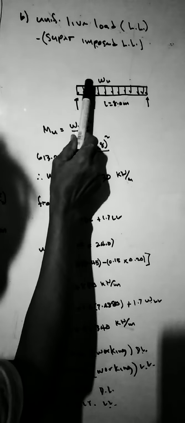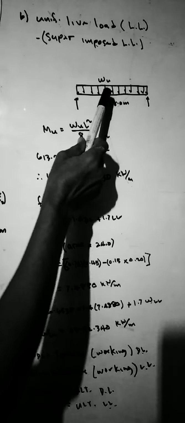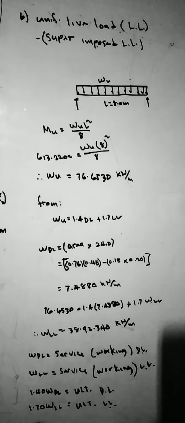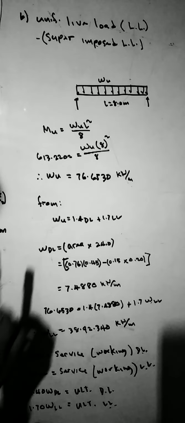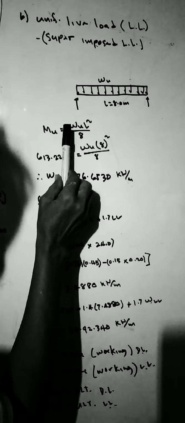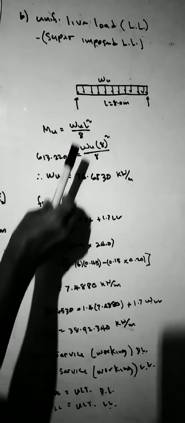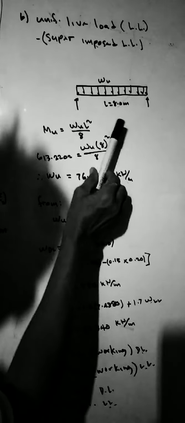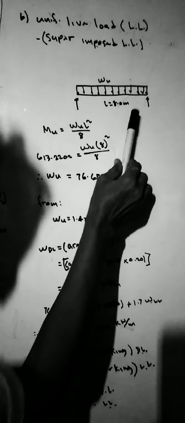This is the total ultimate uniform load. This is simply supported, as we know, the moment is 1/8 WU, the uniform load times the square of the span length.